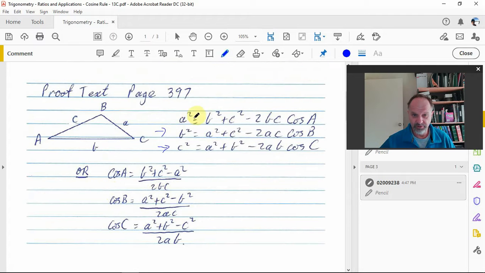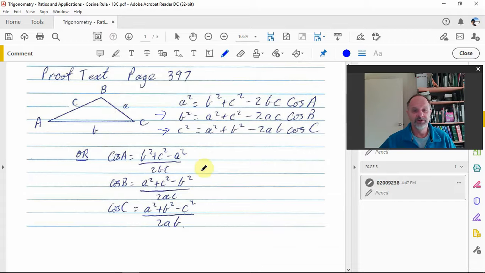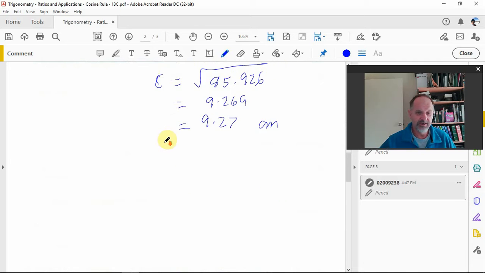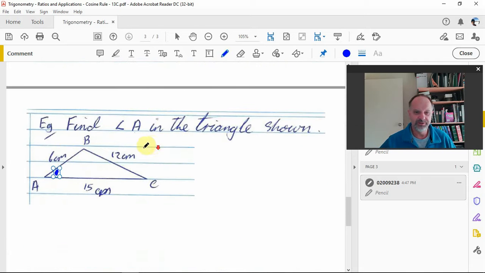I could use the other one if I wanted to and then rearrange, but I'm going to use this where the equation's already been rearranged. Really doesn't matter which one you use. So the cos of A will be b squared plus c squared minus a squared over 2bc.